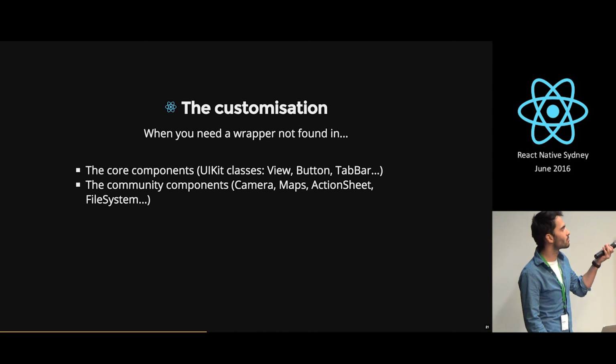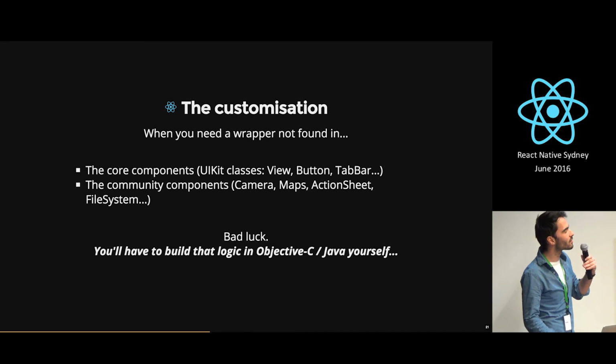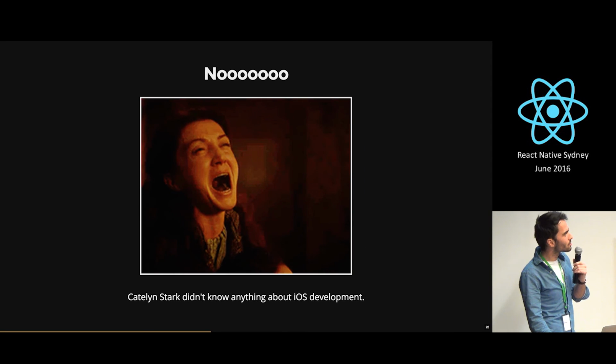So it's written, right? You can read it. That's fine. In that case, if you didn't find any wrapper around what you need, you have to write the logic yourself in iOS or Java on Android. And at this point, you'll be like, oh no, I don't know how to do that.